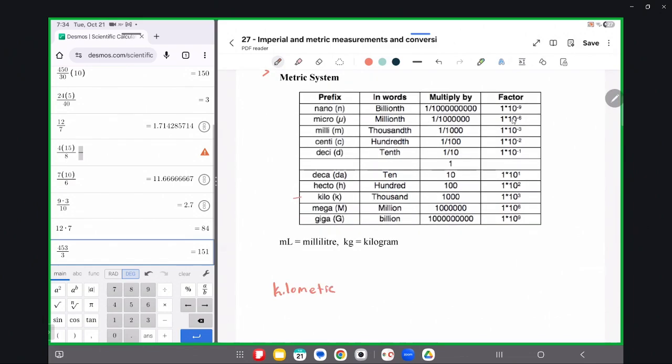You can also see a milli in there. Milli might be something like millimeter. We also have milligram. So think about a tablet of medication.